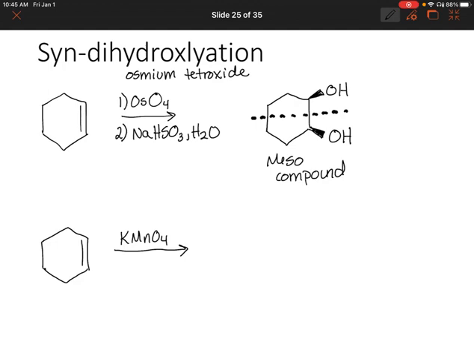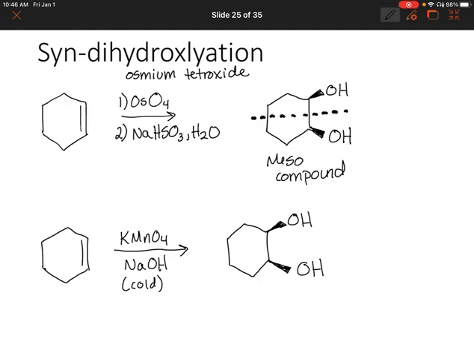With potassium permanganate, we also need to use sodium hydroxide, and this does have to be performed at really cold temperatures. I'll tell you why in a second, but we end up with the same exact product. So the alcohol groups add on the same side.